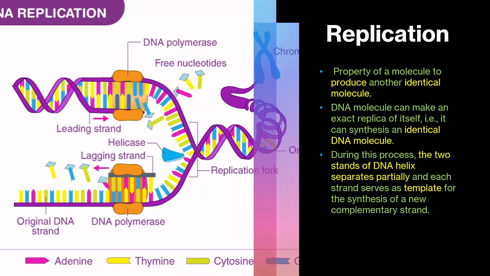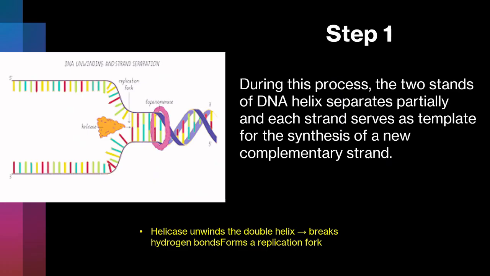So, in the first step, the two strands of DNA separate partially. That is, in the presence of the enzyme helicase, the two strands separate and each strand acts as a template for the synthesis of a complementary strand. So this is step 1.